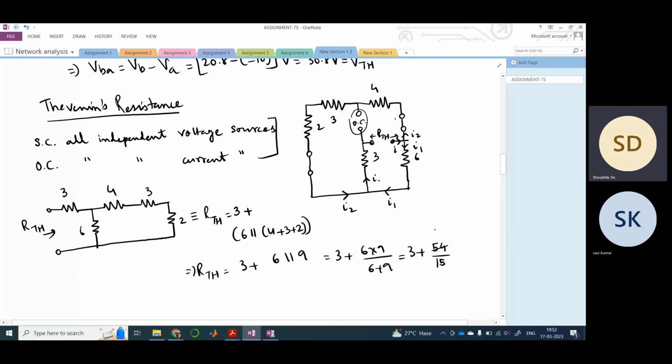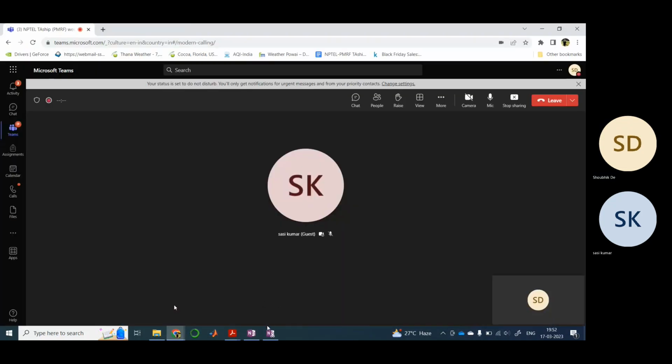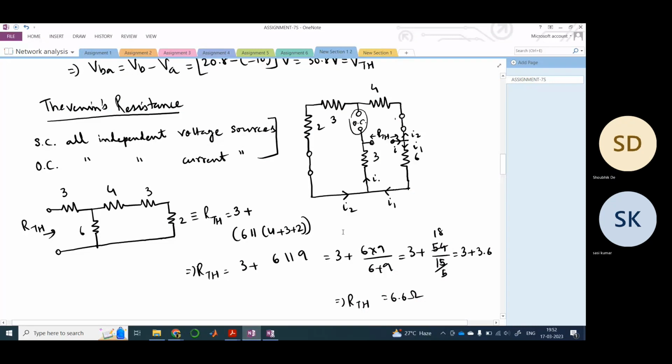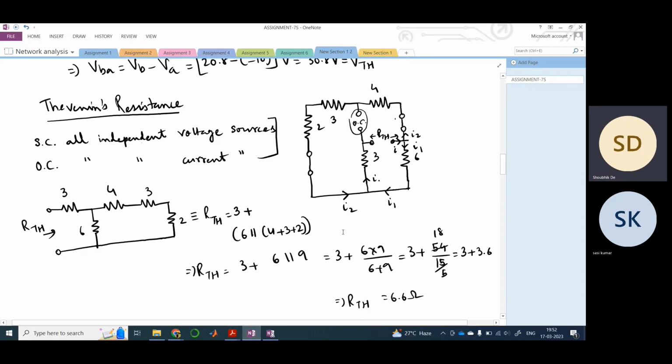So this would be how much? 18 over 5. So 3 plus 3.6. Yes, this would be 6.6. Therefore, your RTH is 6.6 ohm. So I hope this calculation of RTH is clear, how we arrived at this.